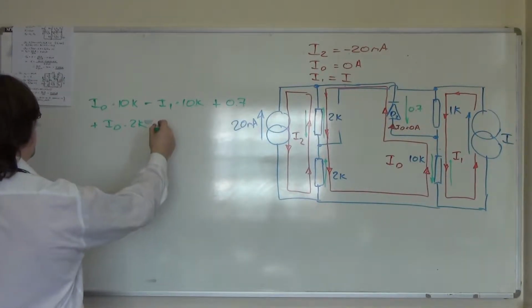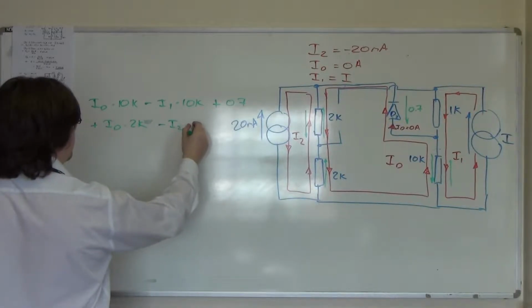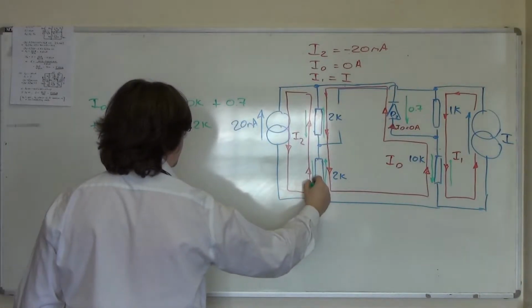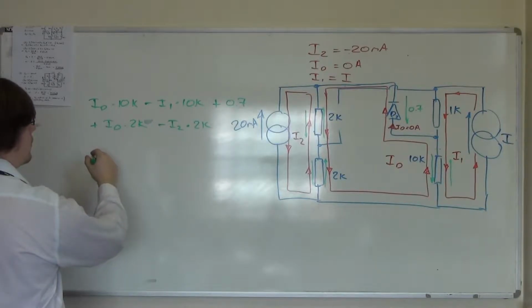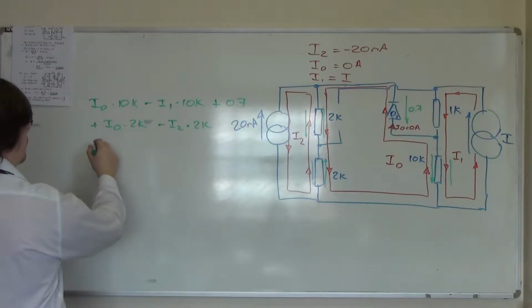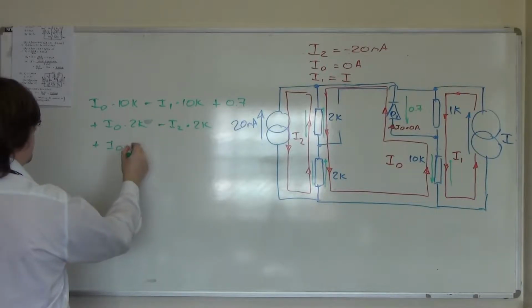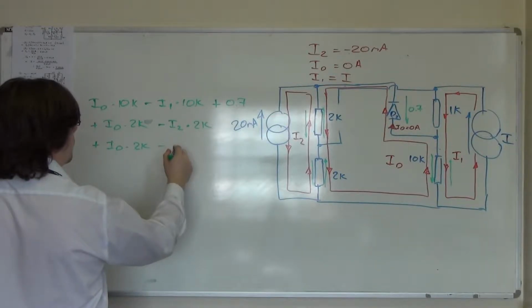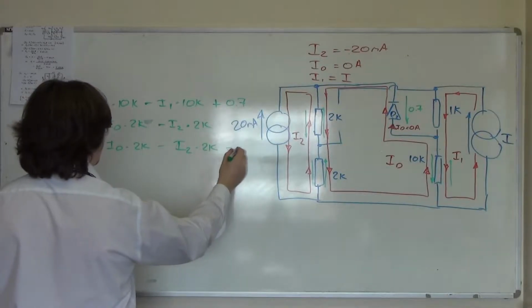So we've got minus I2 times 2K. And we've got the voltage there due to that 2K, which is plus ID times 2K minus I2 times 2K is equal to 0.